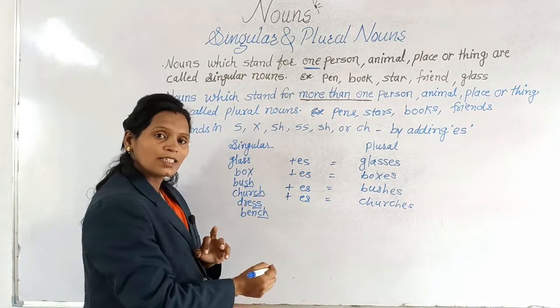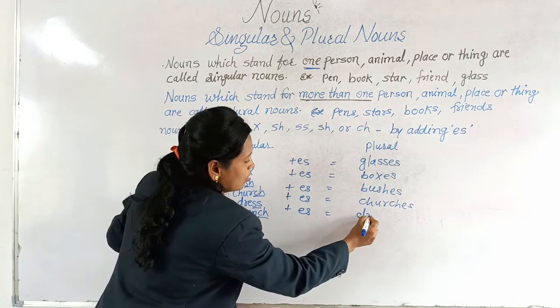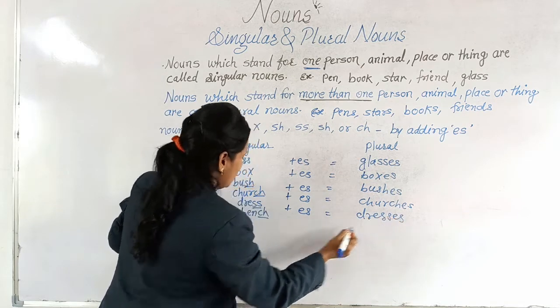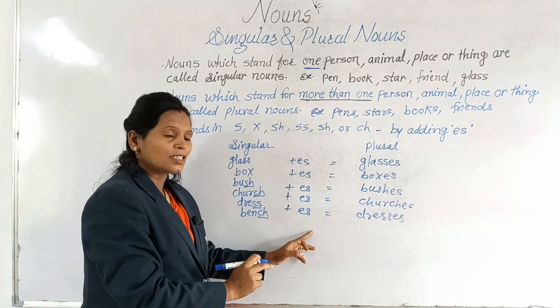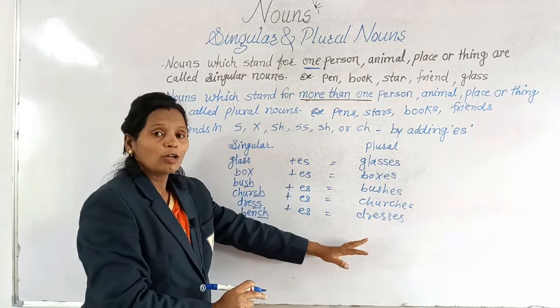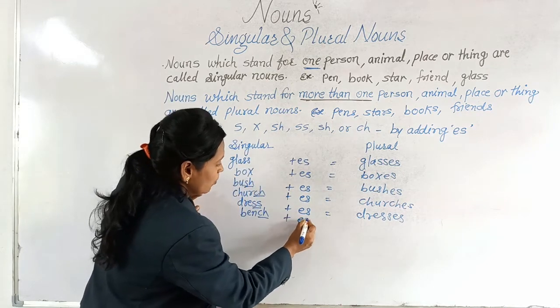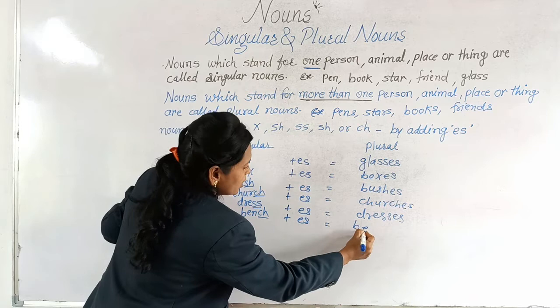Then dress plus es, dresses. Then bench plus es, benches. This is the singular and this is the plural form of these nouns. Understand? So look here, bench, benches.